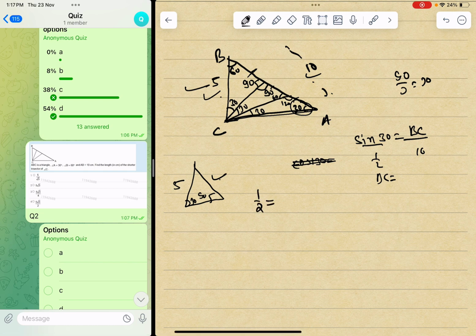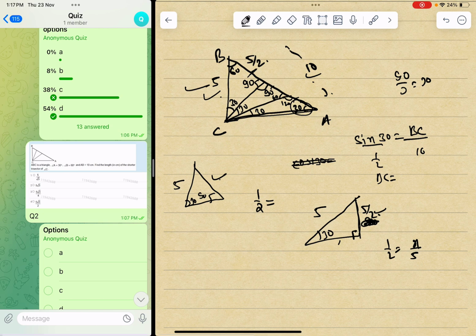Sin is perpendicular upon hypotenuse, so 1 by 2 equals x upon hypotenuse 5. So this we got as 5 by 2.